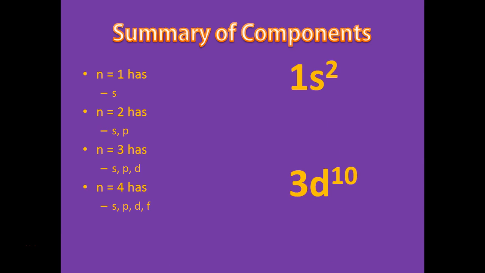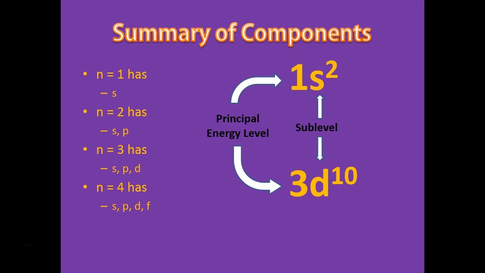When we write the electron configuration, we write these things like 1s2, 2s2, 2p6, 3s2, etc. And I want to clarify what that means. The number in front there is the energy level. So what this is saying is first energy level and third energy level. The letters there then are the sublevels.